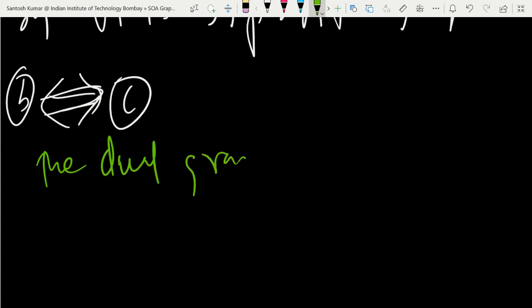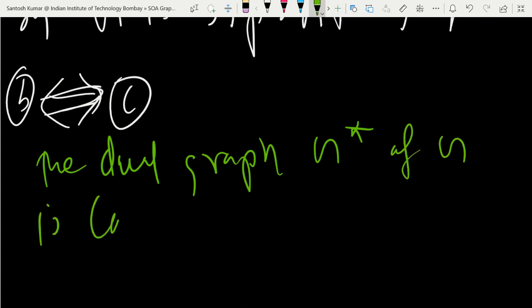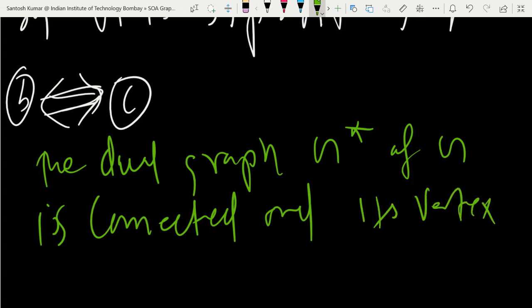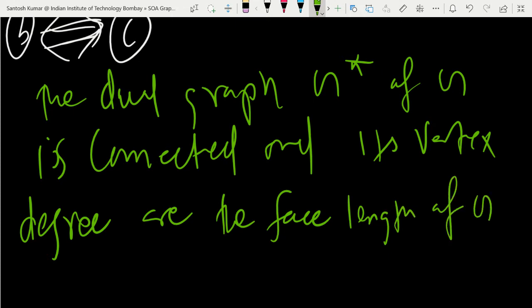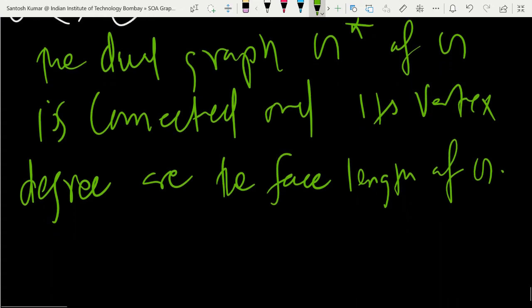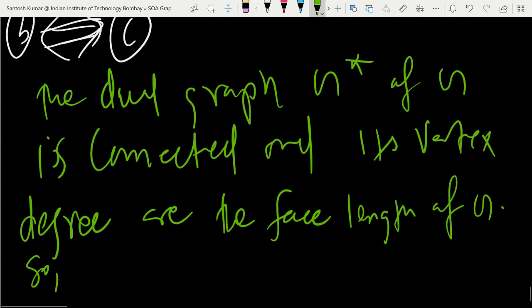The dual graph G star of G is connected, and the vertex degrees of G star are the face lengths of G. And you know, the faces and vertices are interchanged.